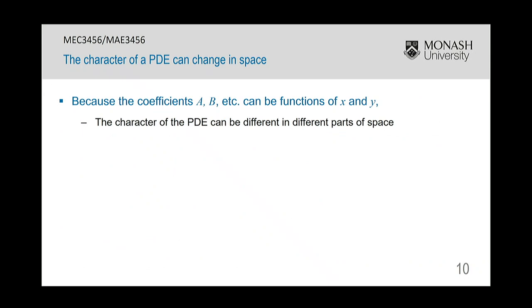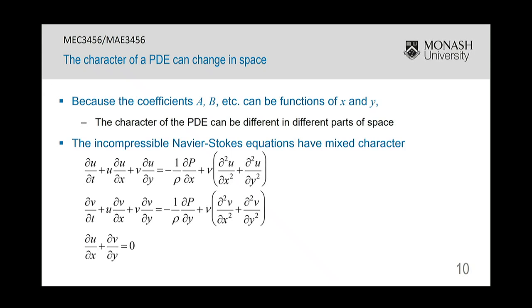Important in general, but certainly for us in this unit here, is that the character of a PDE can change in space. Because the coefficients a and b, etc., can be functions of space, the character can be different in different parts of our solution domain. So, for example, the incompressible Navier-Stokes equations have mixed character. These terms here look like they're hyperbolic.